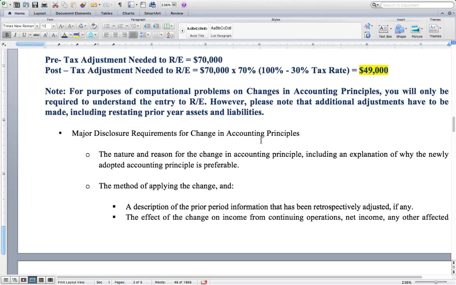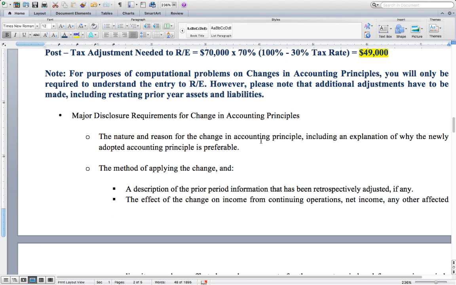When you make a change in accounting principle, there are a lot of disclosures that go along with this. I have put a few of the things just to give you an idea. The main thing I want to point out is you have to describe the nature and reason for the change and any explanation why it is preferable.